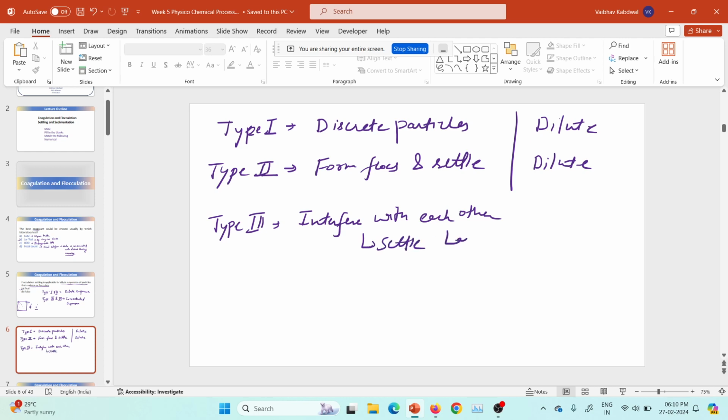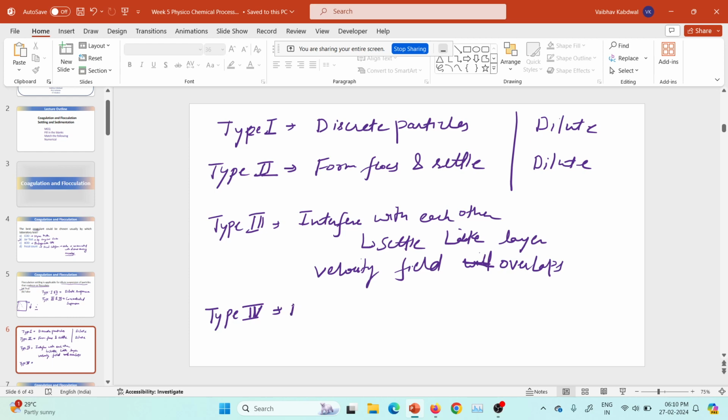Their velocity fields overlap. In type 4, particles are so close. These are the main characteristics of different types of settling.